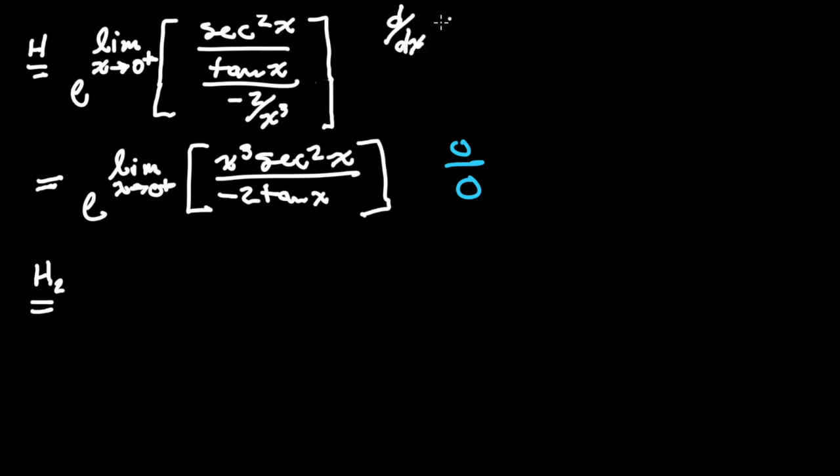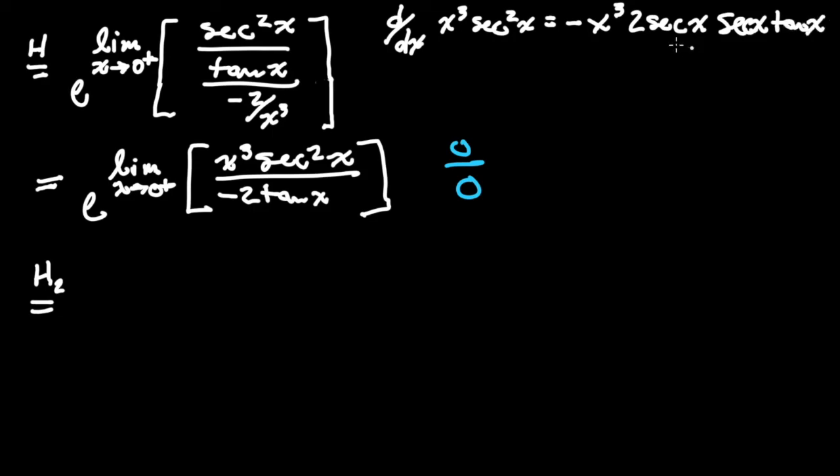So the derivative of the top, x cubed secant squared x, using our chain rule, becomes negative x cubed times 2 secant x multiplied by secant x tan x, minus 3x squared secant squared x. So this is all on one line here.